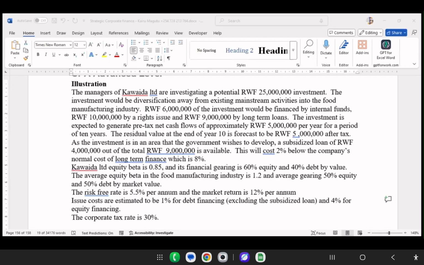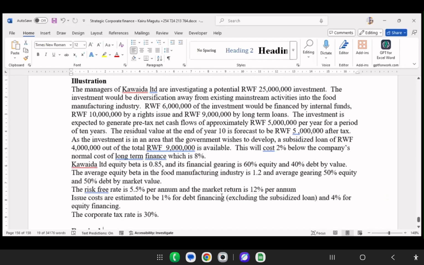So let us work on it together. We determine the flotation cost.